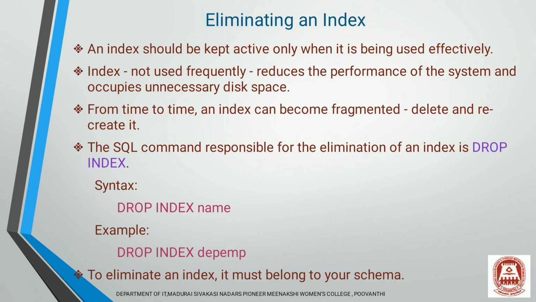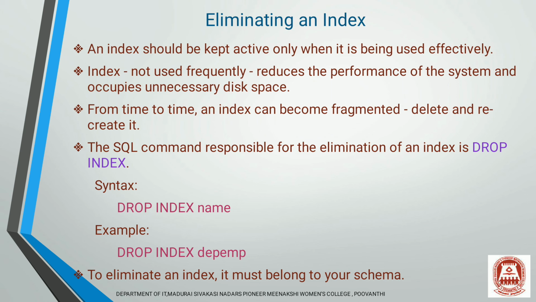The indexes can become fragmented, so they are either deleted and recreated later. The following command is responsible for dropping the particular index: drop index and the index name is represented. This is how we are going to eliminate an index, but it must belong to our schema.